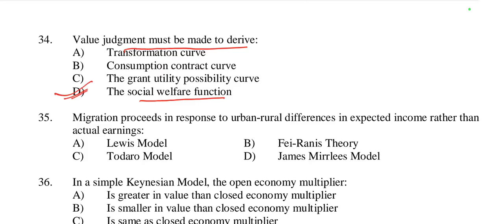So option D is right here, because value judgments are essential in deriving the social welfare function, as it incorporates ethical considerations about how resources should be distributed among individuals in society. The social welfare function reflects societal preferences and priorities regarding equity and efficiency. So option D is right.